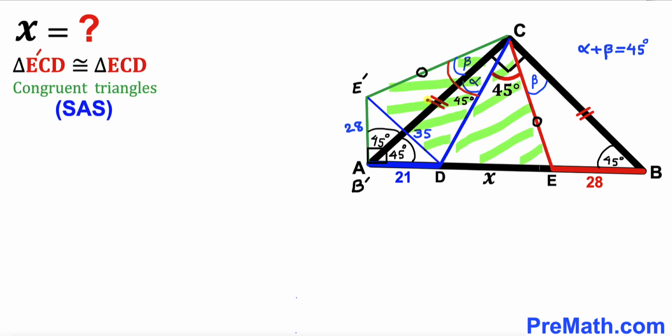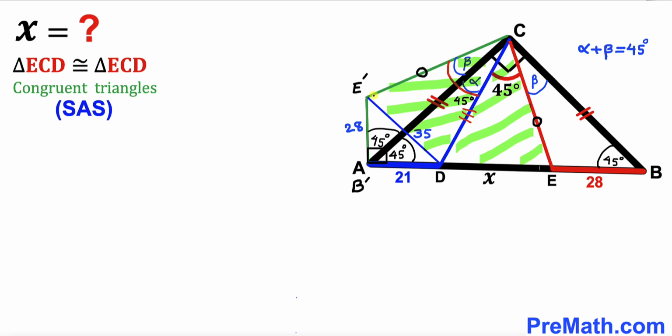Therefore, we conclude that these two triangles, triangle E prime CD and triangle ECD, are congruent according to the side angle side congruency theorem. This side CD is common for both of these triangles, this angle is 45 degrees, and likewise this angle is 45 degrees as well, and CE and CE prime are congruent as well.